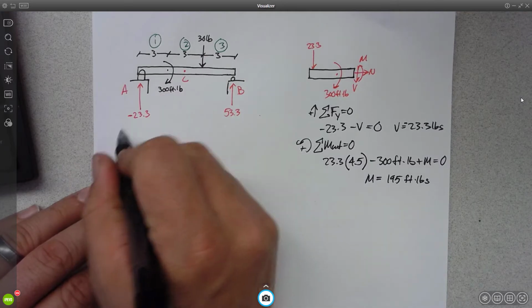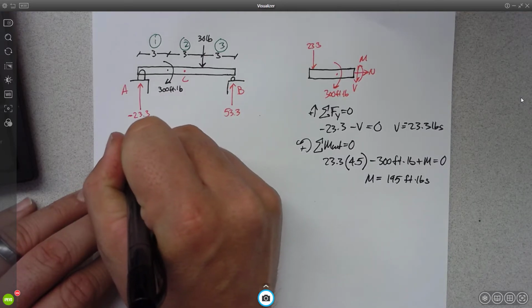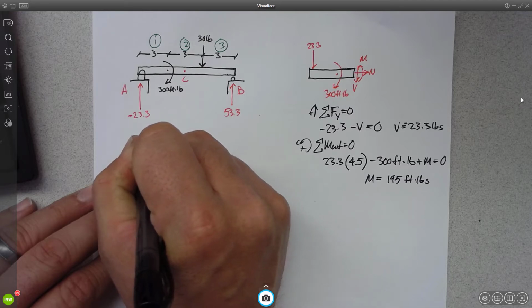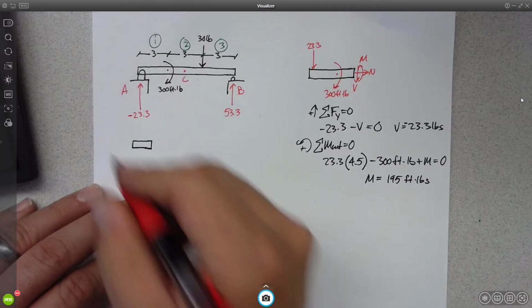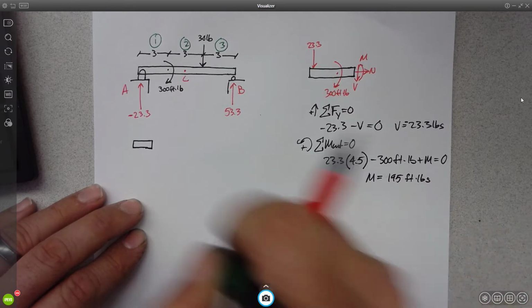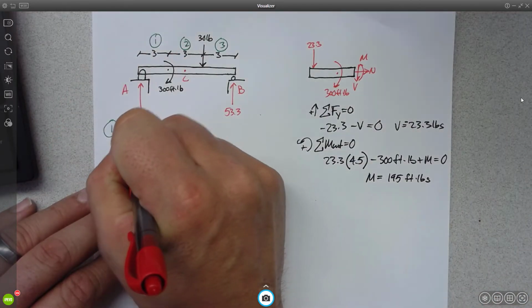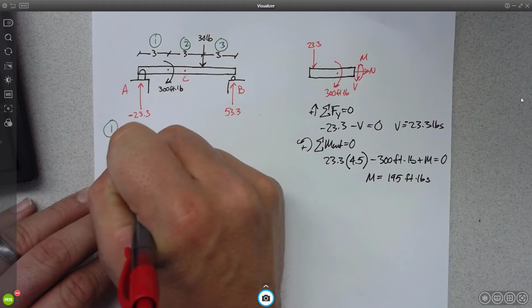We start from the right and we go to the left. So we'll draw a free body diagram. Okay? So here is, let me make this clear. Here's region 1. Its free body diagram looks like we have 23.3 going down.